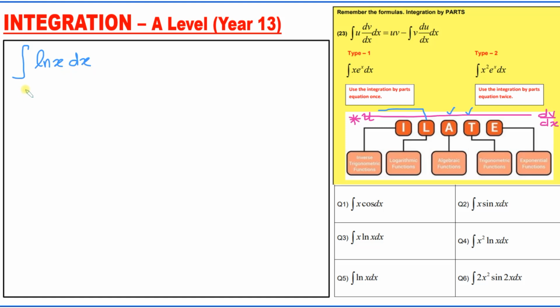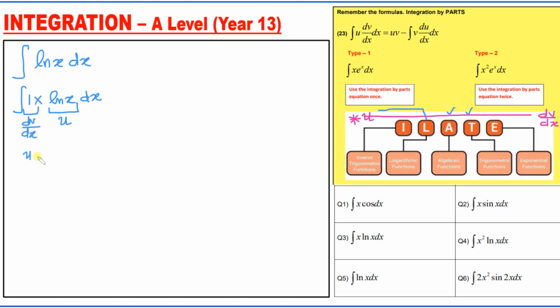You need to consider there is a 1 times ln x, right? And now you need to use the logarithm function as u, and this 1 you can assign as a kind of algebraic function, right? There's no x term, so there's a number and algebra term, so that becomes your dv over dx, right?